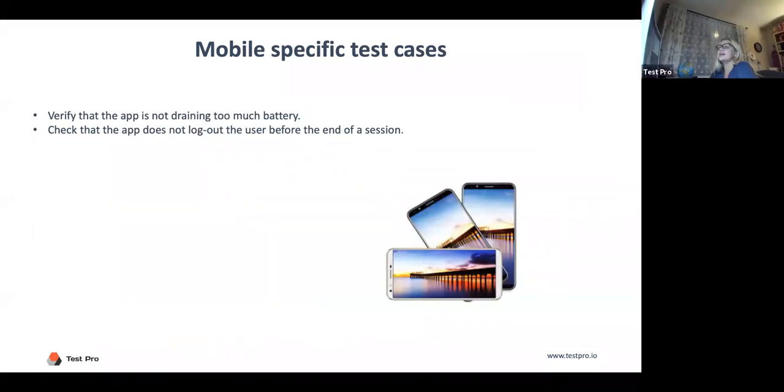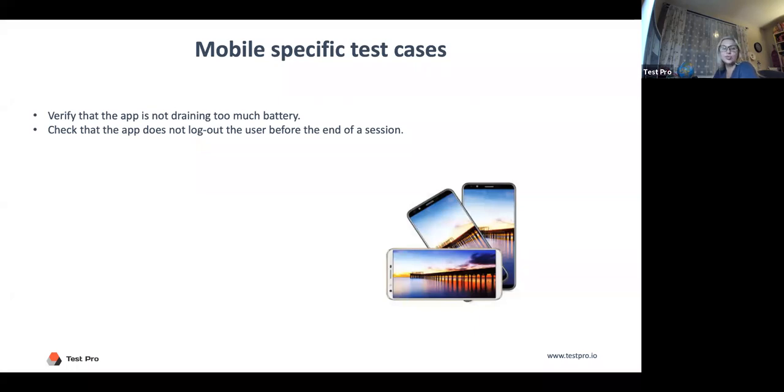Okay, last two test cases. So verify that the application is not draining too much battery. Yeah, guys, Facebook, exactly the Facebook Messenger. Right now it's a little bit better, but I remember maybe 6 months ago, I just disabled all notifications because it was totally destroying my battery.